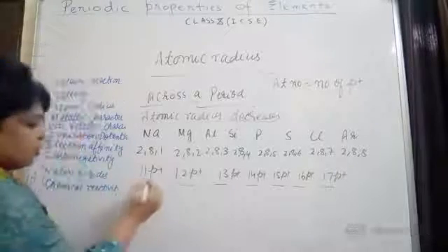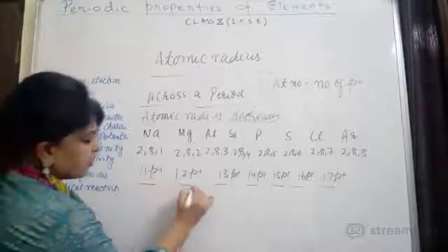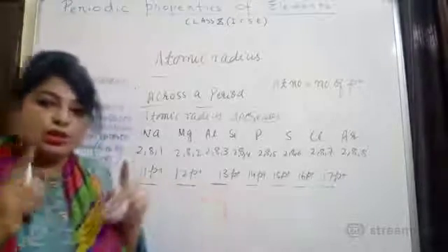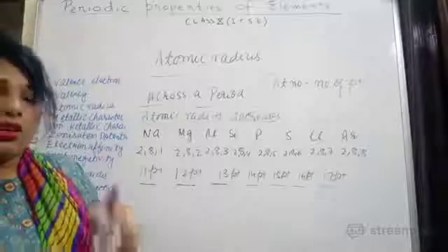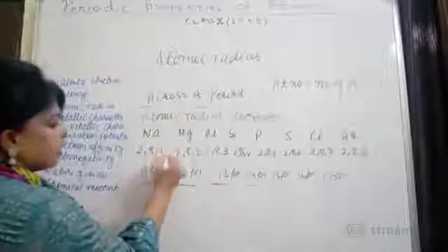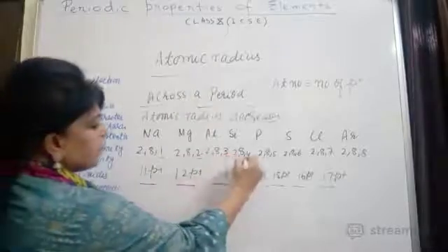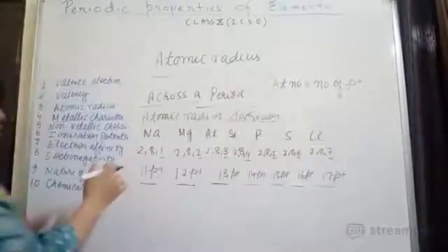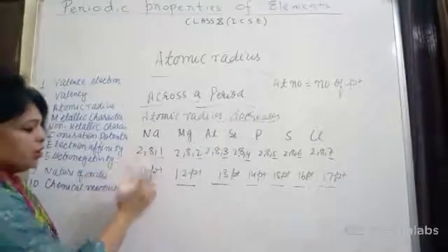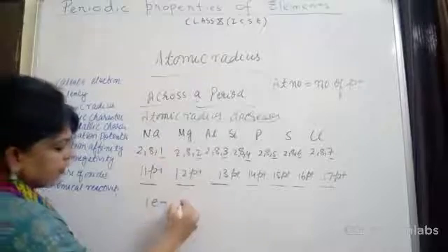But I told you what is increasing? Number of protons. And you should know that opposite charges attract each other. Now what is happening? This is one valence electron, 2, 3, 4, 5, 6, 7, 8.